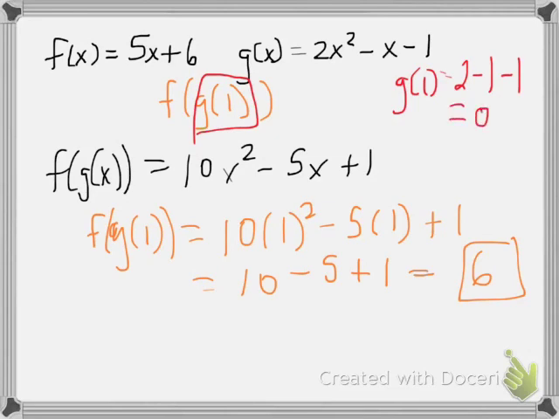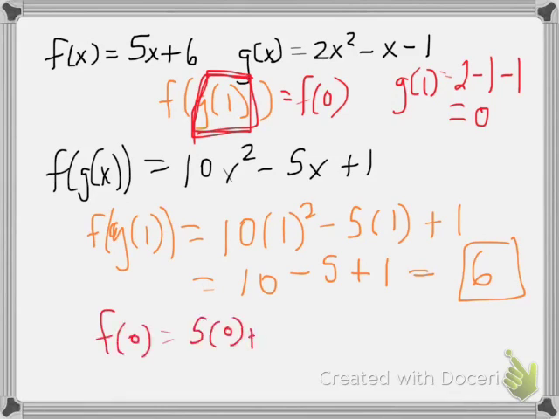So g of 1 equals 0. And so I need to solve f of 0. If I plug 0 into f, what do I get? 5 times 0 plus 6, better known as just 6. And so you can see either way, we get the same answer.